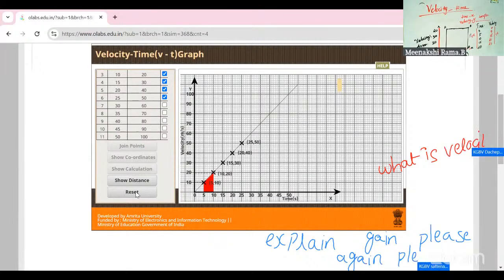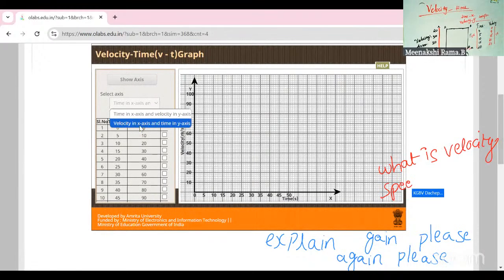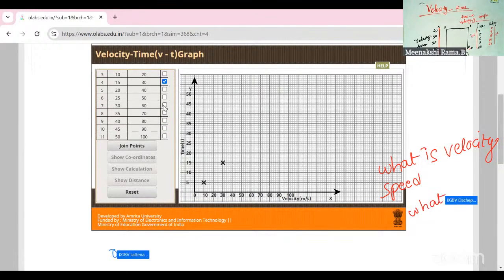Okay, students. Next one, the distance. This is the x and y axis. Now I am selecting velocity on the x-axis and time on the y-axis. Sorry, this is not uniform motion. This is the velocity diagram of non-uniform speed.